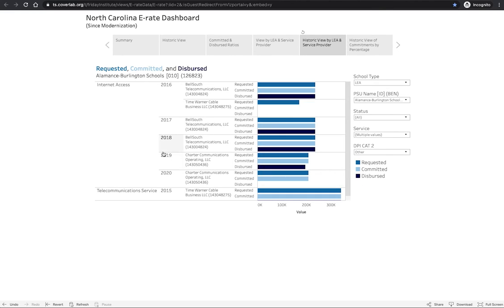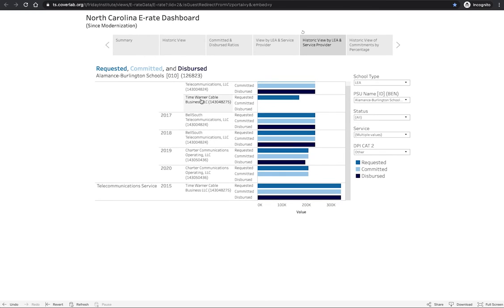So despite probably a massive increase in the amount of capacity that they're buying for their WAN, they've had the price go down quite a bit. So that's interesting to see.